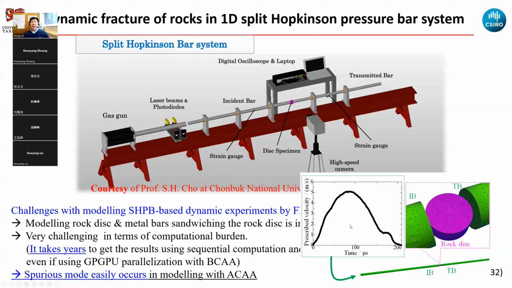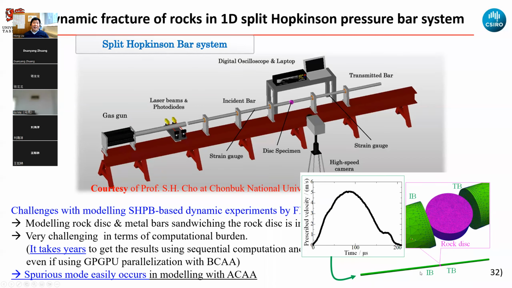For this one, we built the numerical model like this. You can see we have the input bar, the transmission bar, and then the rock sample. If I zoom in on that part, the rock sample looks like this. For the rock sample we use very fine meshes.